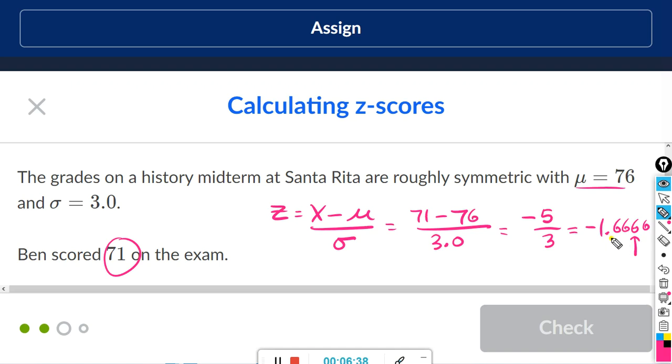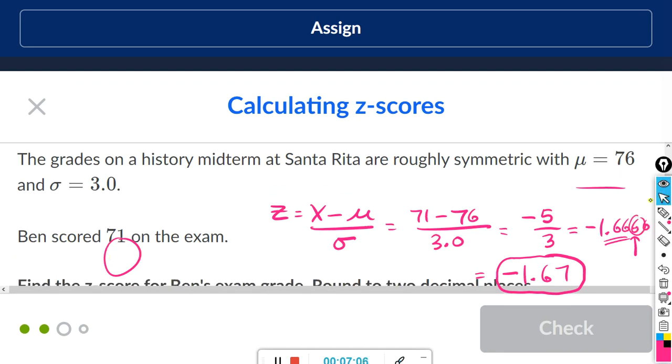Since this is 5 or more, we're going to round it up, so it's going to be negative 1.67. Just be careful if you have to round it off, because it's 1.66666 repeating. Just look at the third one. 5 or more means round it up. So this becomes negative 1.67.